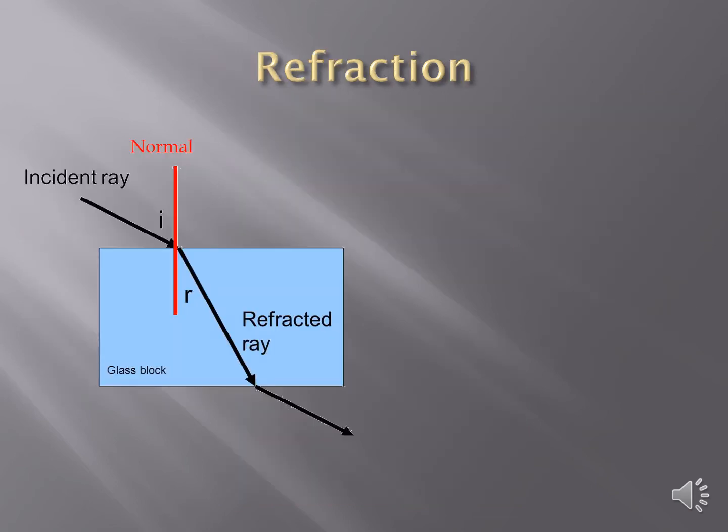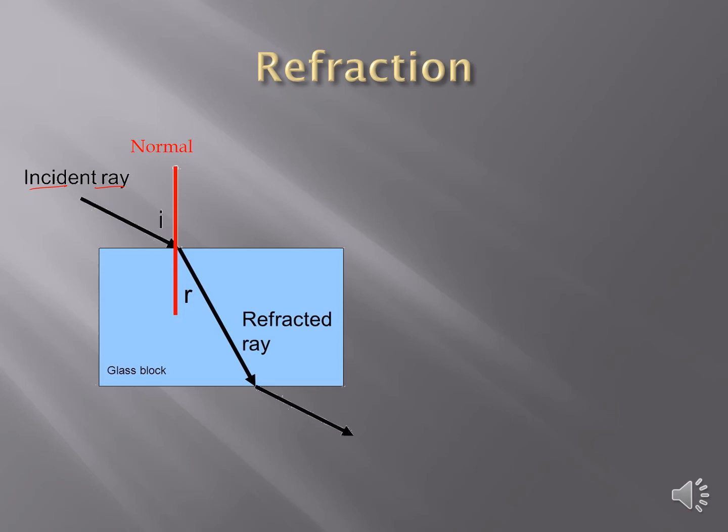So let's look at what happens when a ray of light passes from air into a glass block. Let's start with the incident ray. We've had this terminology before when we were looking at mirrors and reflection.